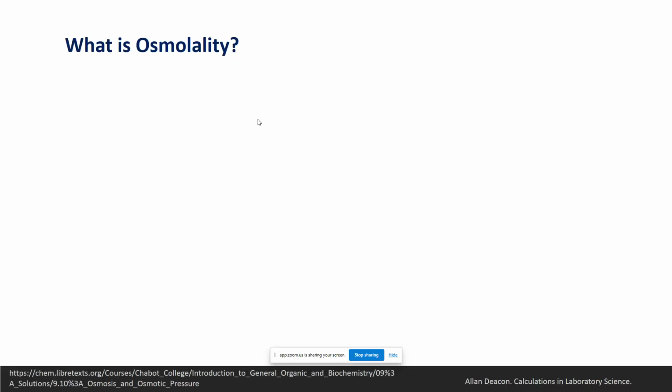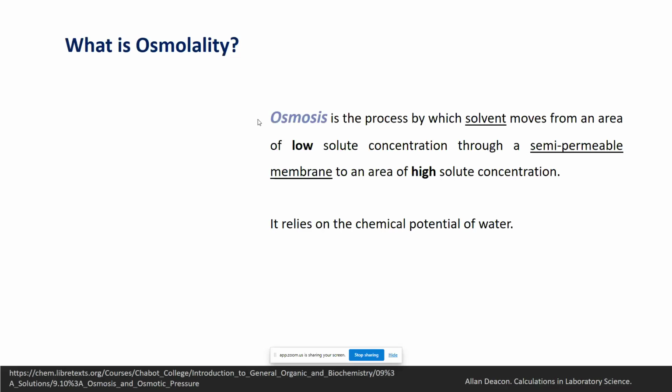So what is osmolality? Going back to basic principles, osmosis is the process by which solvent moves from an area of low solute concentration through a semi-permeable membrane to an area of high solute concentration. It essentially relies on the chemical potential of water, where solutes reduce this, so water will flow to an area of higher solute concentration.